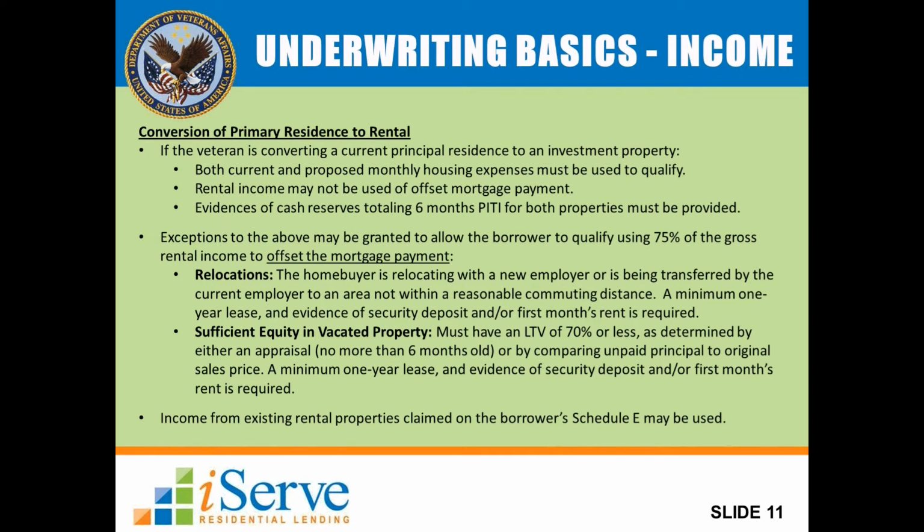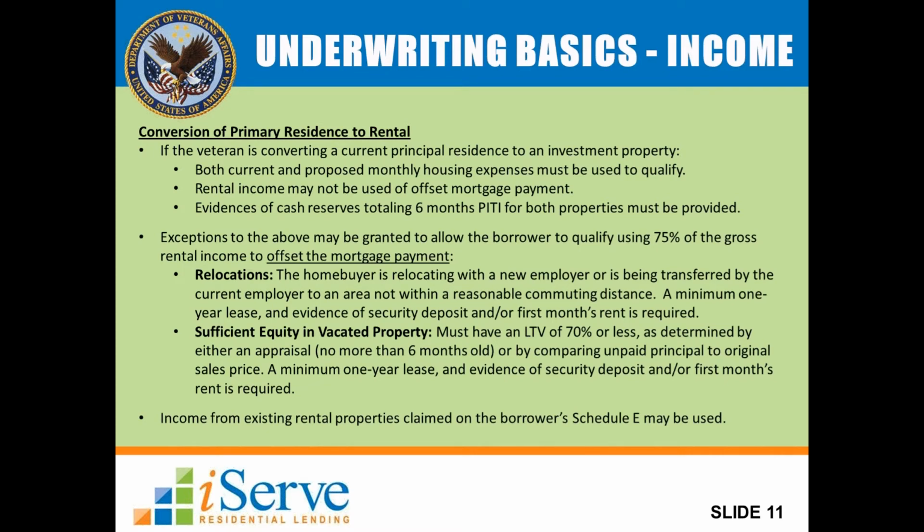This kind of follows FHA guidelines as well. We can allow the borrower to qualify using 75% of the gross rent, and I underline this part here, to offset the mortgage payment, meaning we can't give them positive rental income. We can just use it as an offset to that payment. And that is eligible if they are relocating, and it's got to make sense.